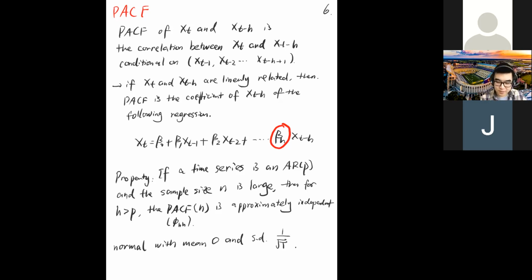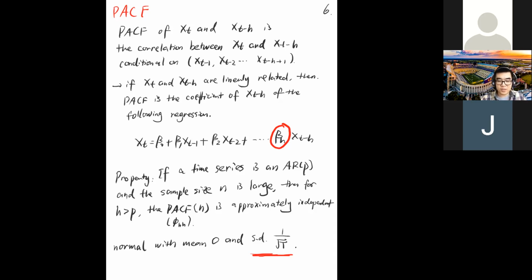It says that if a time series is an AR model, then when h is larger than the order of your time series, the PACF at h is approximately normal, its mean is 0, and its standard deviation is 1 over the square root of T. So it's basically the same as the property of the ACF.